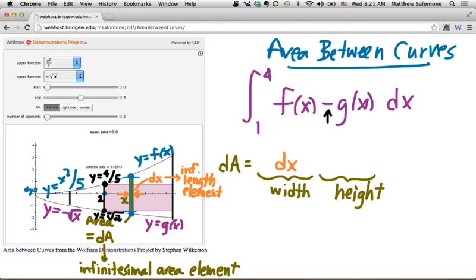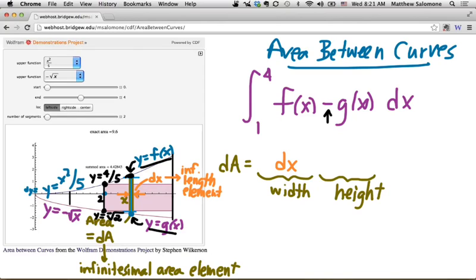But the great thing about this is we don't even need to have that in mind, that this is going to work regardless of whether or not we have both graphs above the axis, both graphs below the axis, or one on the top and one on the bottom. Okay. So to generalize that, instead of subtracting those two specific values, we'll just subtract the two general values. y equals f of x is the y-coordinate of the point on the top of this line segment. y equals g of x is the y-coordinate of the point on the bottom of this line segment.